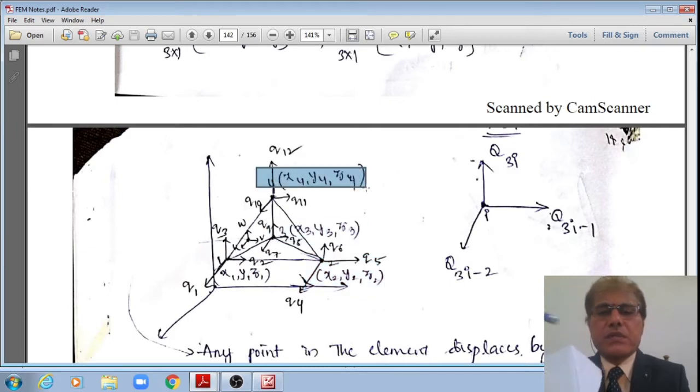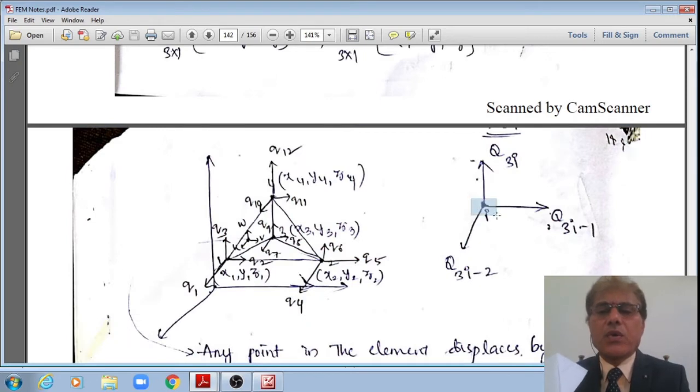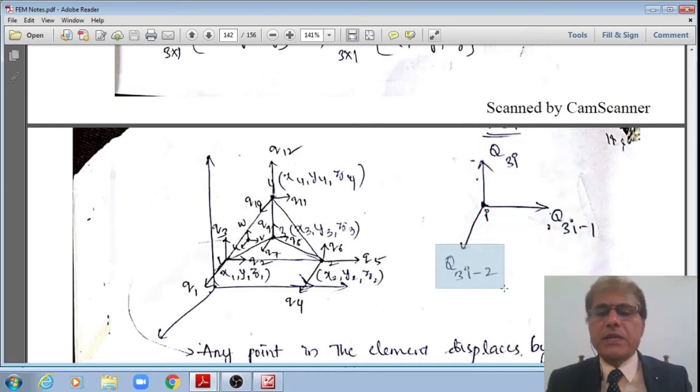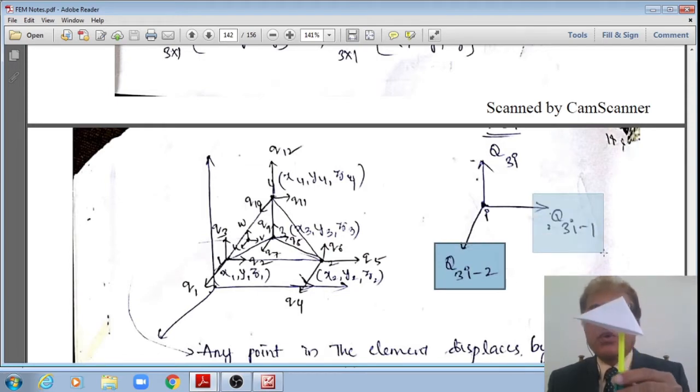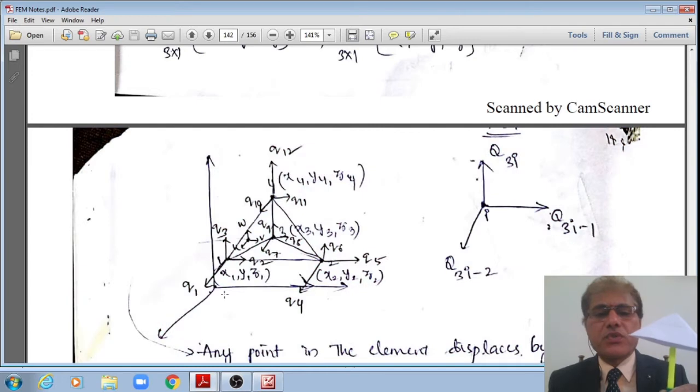x4 y4 z4. Then similarly, if I take any ith node, then the degrees of freedom are given by, in the x direction, q3i minus 2, in the y direction q3i minus 1, and in the z direction q3i. If I apply this for the first node, 3 multiplied by 1 minus 2, therefore I'll get q1.